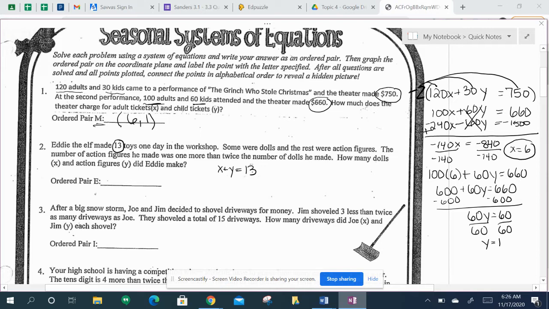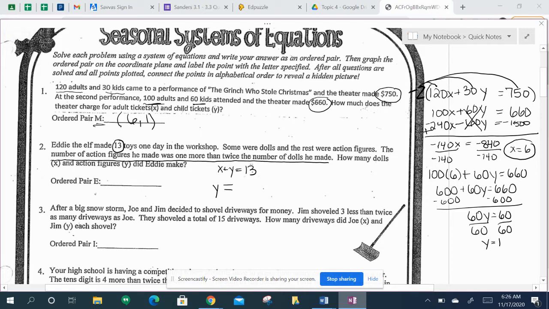The next sentence that I'm looking for is this one that I'm underlining, because this one actually is a math equation just written in words. So we just have to break it down. It says the number of action figures he made. Well, action figures is y. So the number of action figures he made, y, was, that means is, equals.